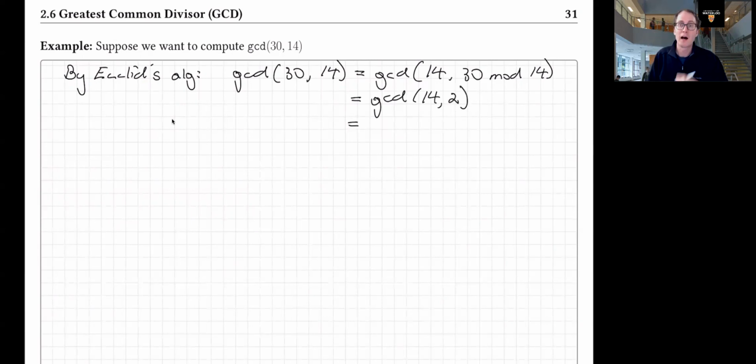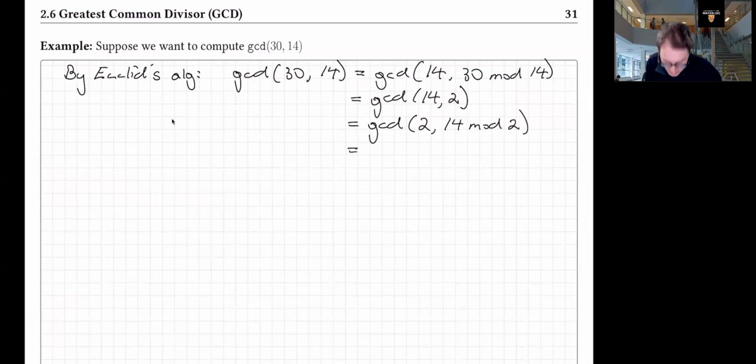Right? We apply the same thing. The second argument becomes the first. And we take the first argument mod the second and write that as our second argument. So then we're going to get 14 mod 2. And 2 divides 14.